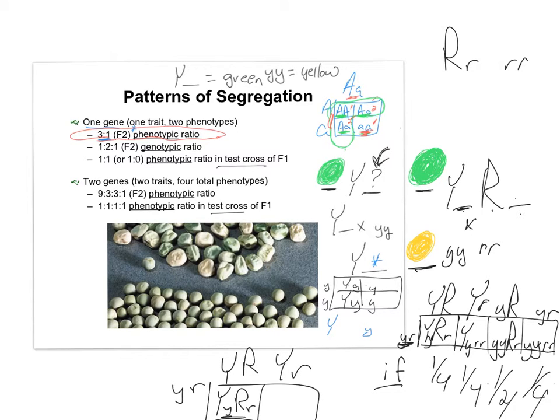So we'd end up with a green smooth, and over here we'd end up with a green rough or wrinkled, right? So you'd have 50%, 1/2 green smooth, and then we'd end up with 1/2 green wrinkled.